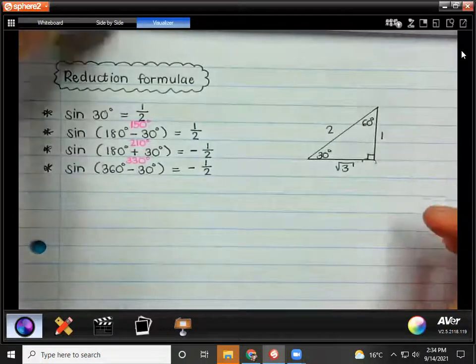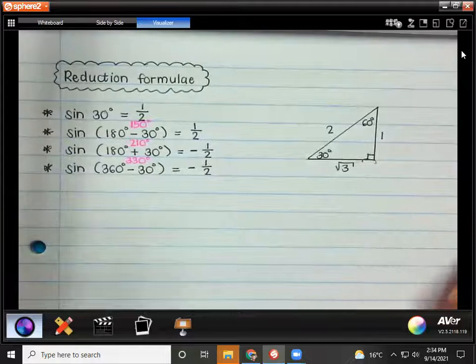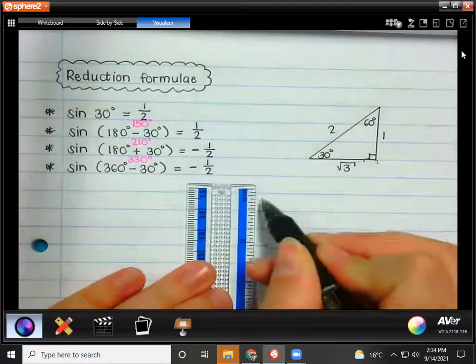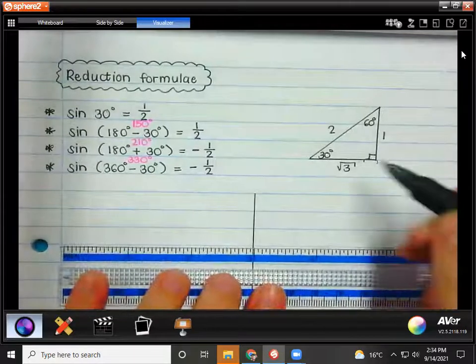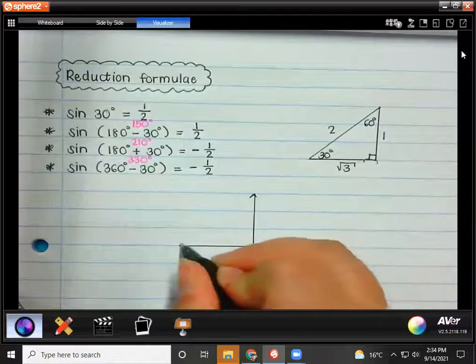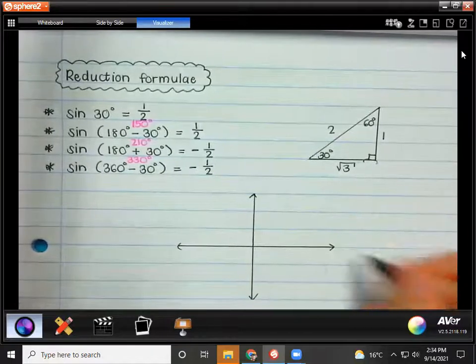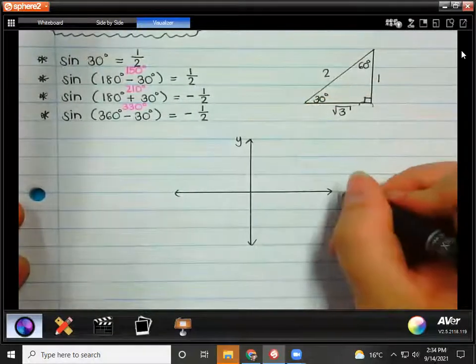If you want, you can write that down. I wonder, is it printed on this note? No, it's not. Let me just see. No, it's not. We can write that down. We're going to do our CAST diagram. And guys, it's very, very important that you know this CAST diagram. It's going to help you a lot with all of these questions.